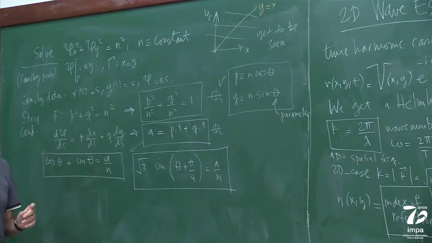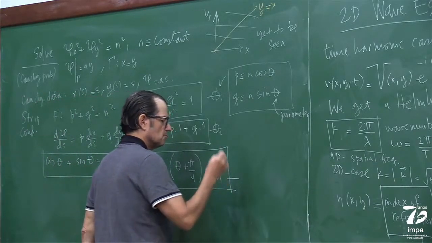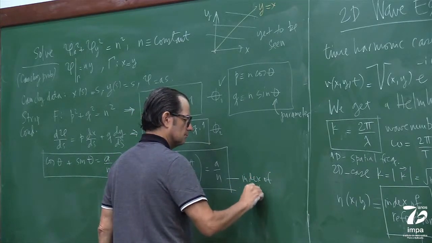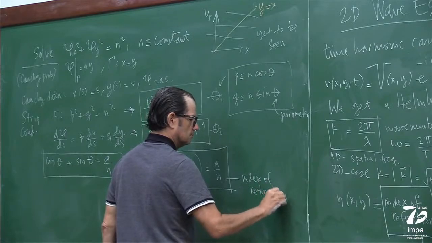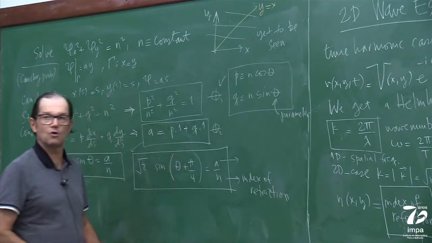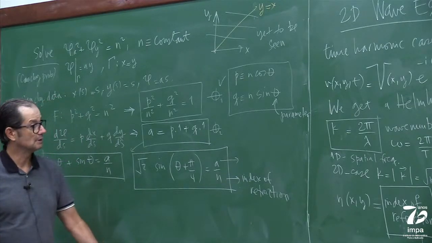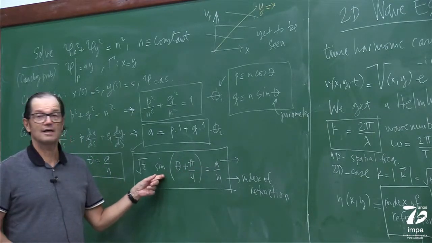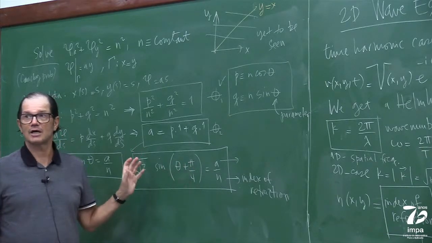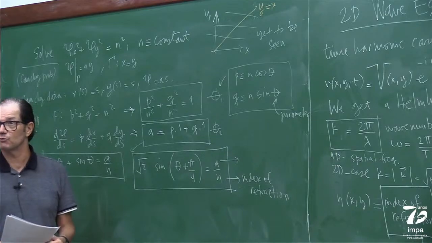This already tells me a potential problem, which is the data can be bad, right? Because this is physical. If we think this is like an index of refraction, and this was the slope of our Cauchy problem, if this is too big, I do not have a real valued solution, right? This is going to be this theta. I don't want complex valued solutions. I want real valued solutions.